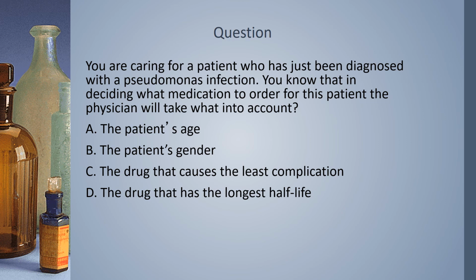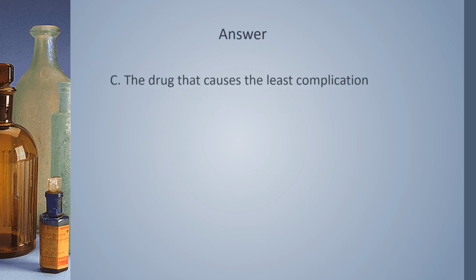And that being the case, it is not A. I might sometimes take gender into consideration, but usually not. So we've narrowed it down between C and D. The longest half-life is one that's going to stay in the body longer, and the longer a drug is in the body, the more possibilities to create problems. So that brings us to which has to be C.